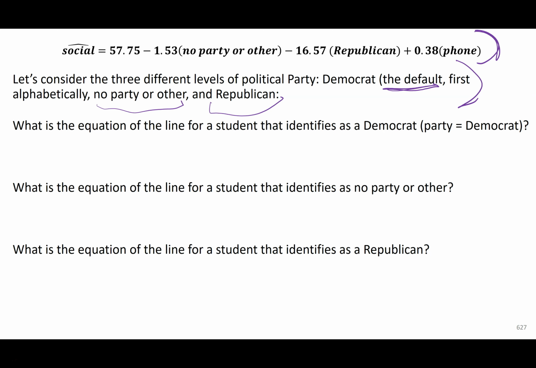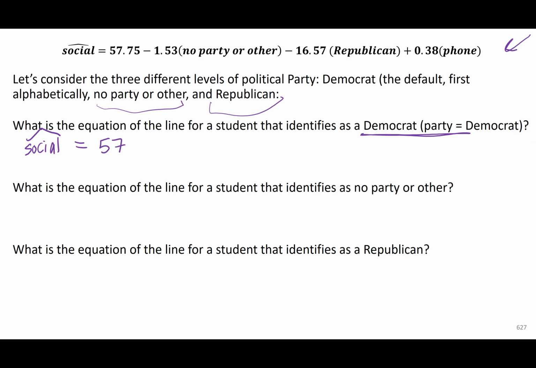So I'm going to fill out what this regression line looks like for each of the 3 categories. So here, what is the equation for a line that is Democrat? I'm going to put social hat because I'm trying to predict the social time.